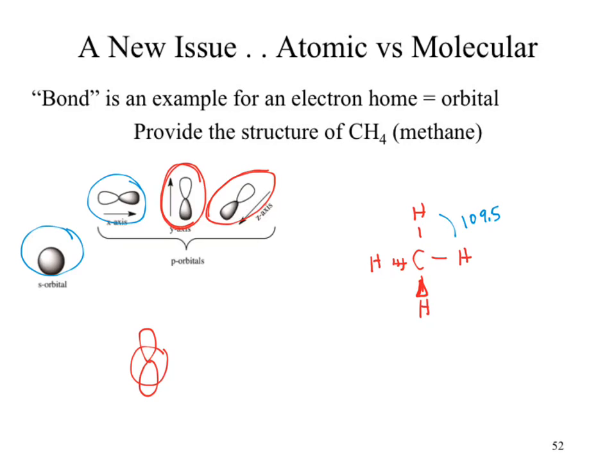That method is known as the linear combination of atomic orbitals theory, molecular orbital theory. We'll talk a little bit about its basics at a super simple level in a little bit, probably on Wednesday.